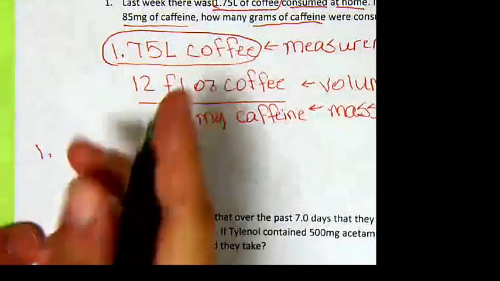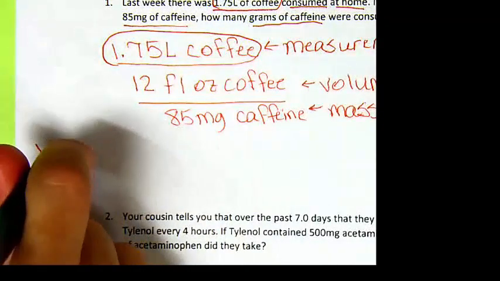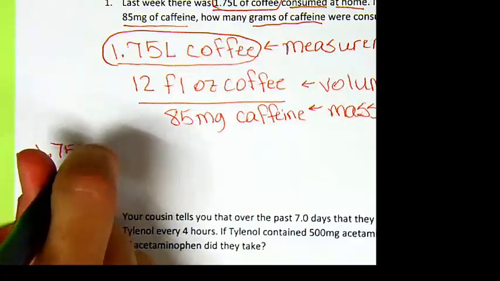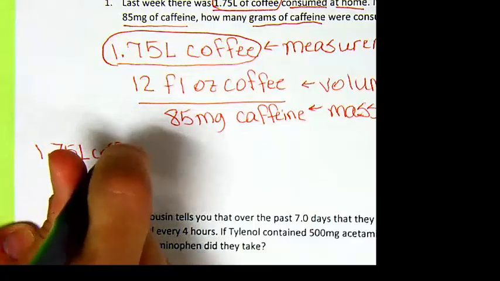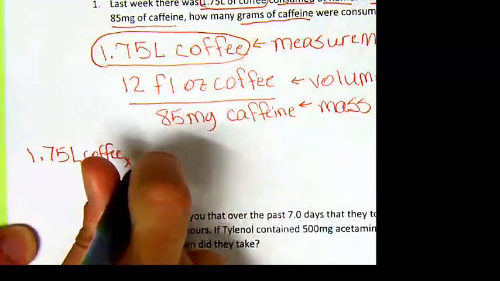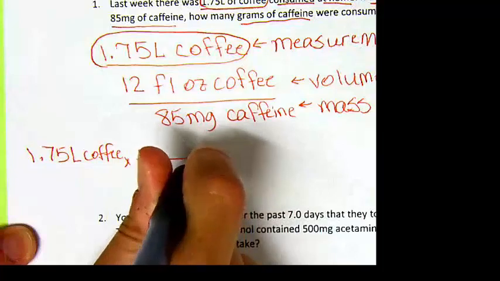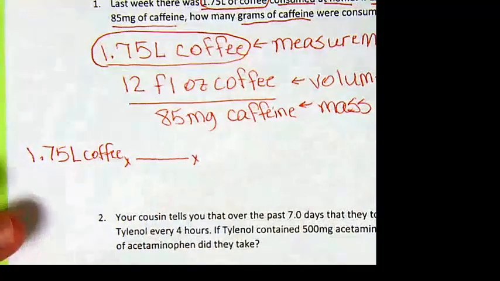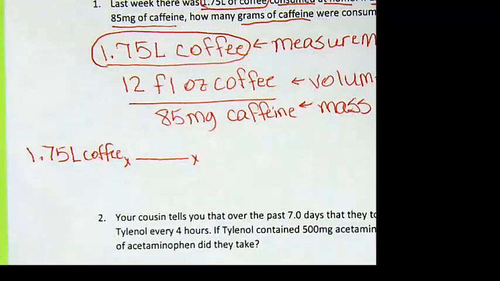So our measurement is 1.75 liters of coffee. And there are two resources, or three. One of them is your general knowledge. So general knowledge, your equality sheet, and given information. I do not want you to Google a bunch of conversion factors.